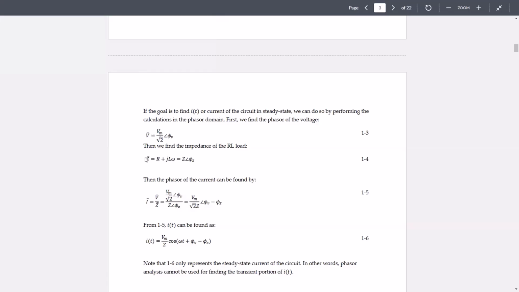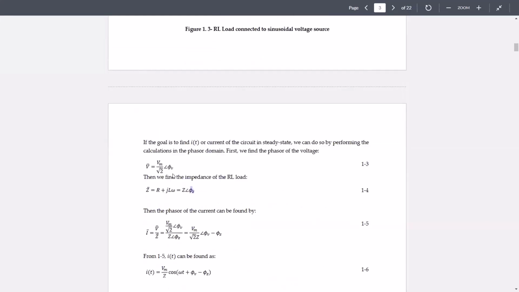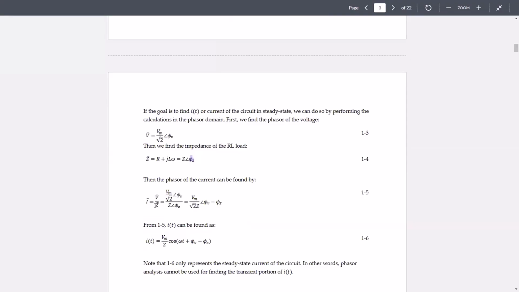So this Z bar becomes the impedance of our network, which would have a magnitude and an angle of phi Z. Then you can come up with Ohm's law very easily: divide the voltage over the impedance to find the phasor of the current. Once you find the phasor of the current, it would have a magnitude and an equivalent angle, right?